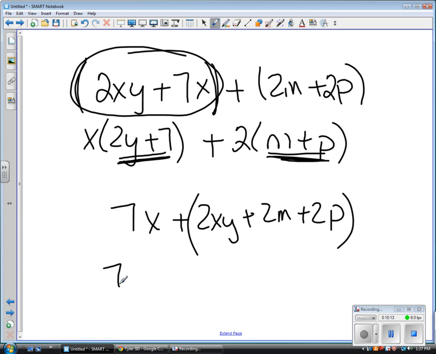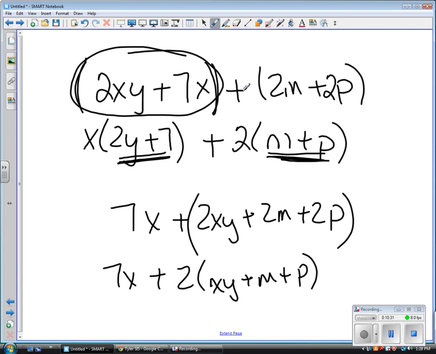Well, I could have actually rewrote it as one of these ways and said, okay, I'm really not that much different. Looks a lot different, but I still factored something out.